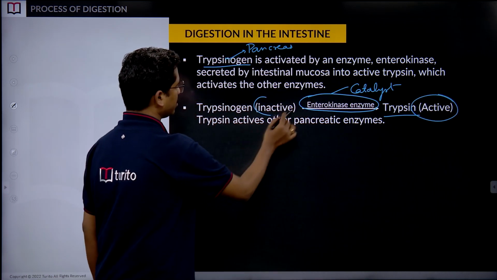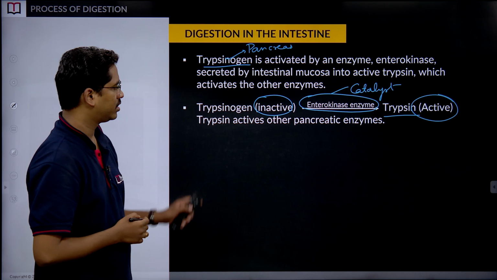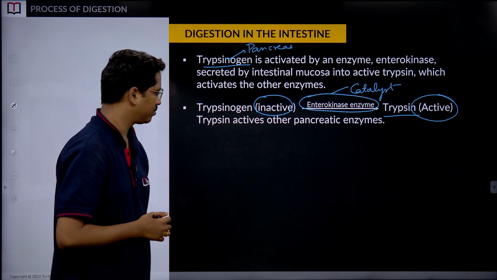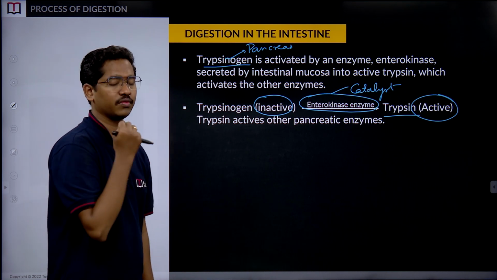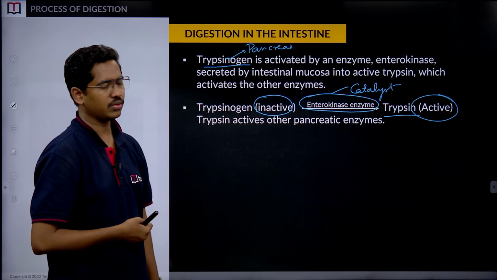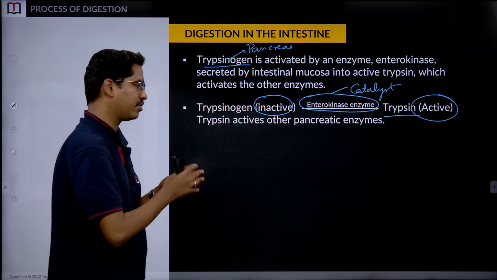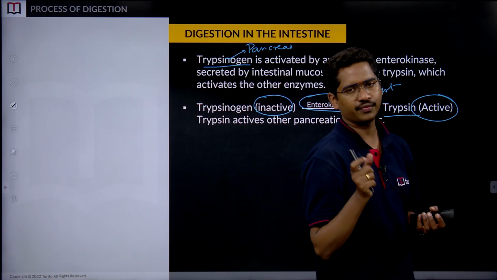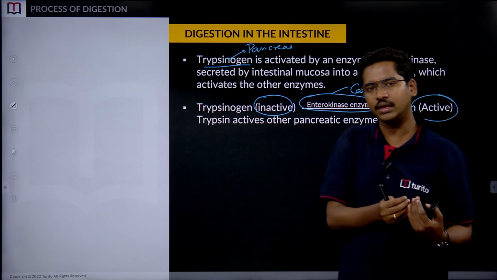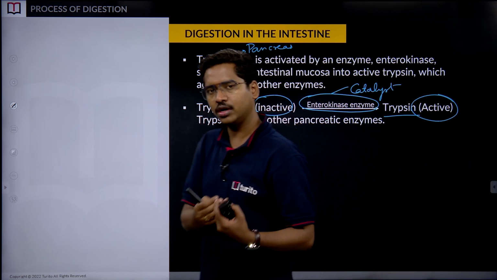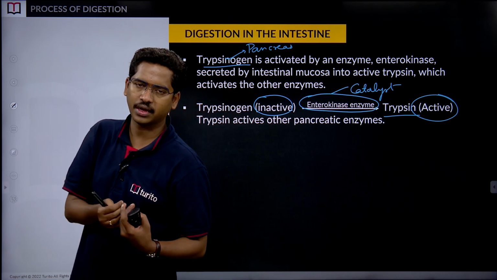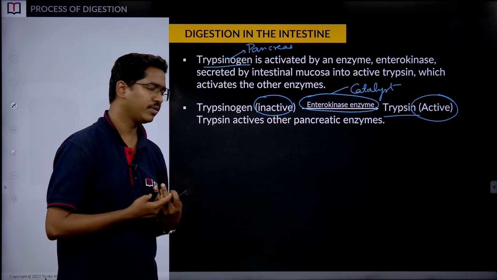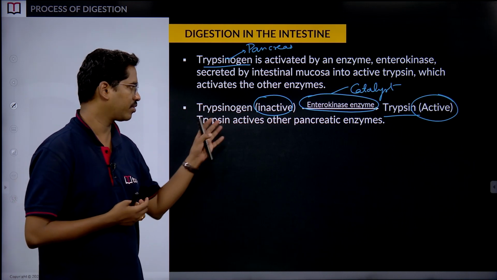Trypsinogen is an inactive form. Trypsin activates other pancreatic enzymes, which is one good reason trypsin is given here. The pancreas can sense the presence of chyme entering the duodenum, the first part of the small intestine where the complete digestion of food happens, and this process happens.